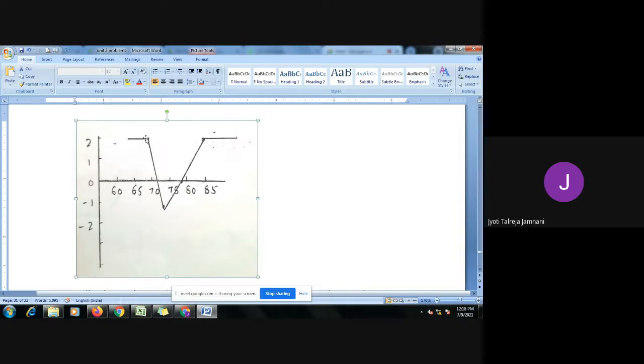We get only a V shaped graph, and the wings we draw ourselves, because after this we always have 2 rupees gain, and before 73 we'll have 2 rupees gain. In between those prices we will go to loss and come back. So this is how a butterfly spread will look. These two wings of the butterfly we need to draw.